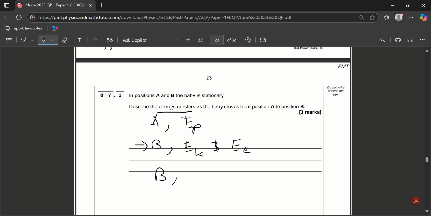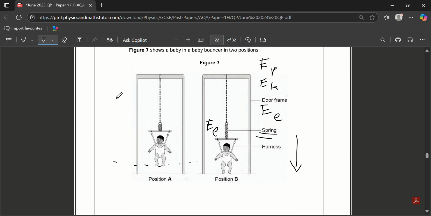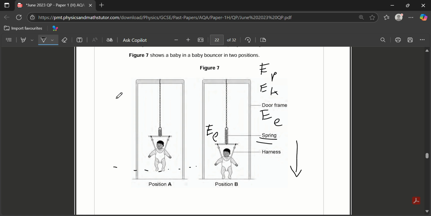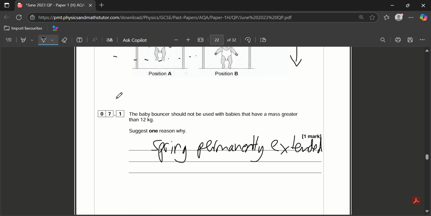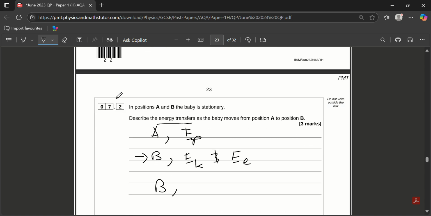And then at B, it's going to just be another change in gravitational potential energy again.